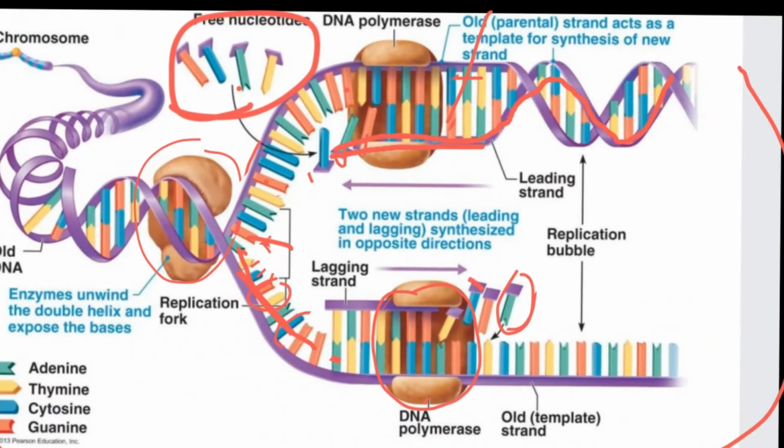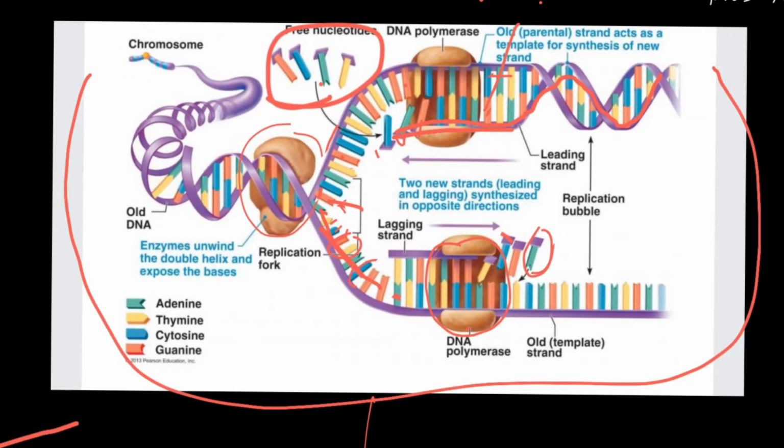So just like this, what DNA polymerase does, I'll just repeat once again, is that it joins these free nucleotides that we can see right here with complementary base pairs. For example, if this is guanine and here there is cytosine, it will join guanine with cytosine.